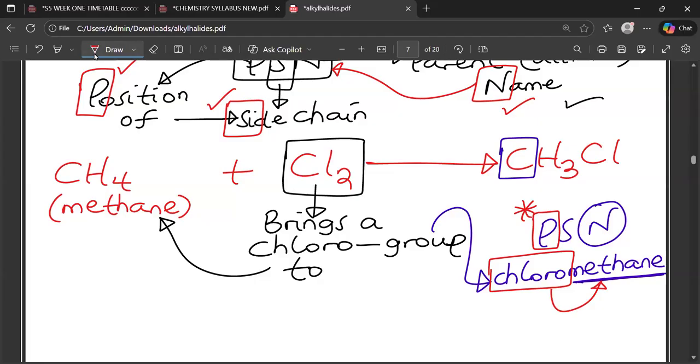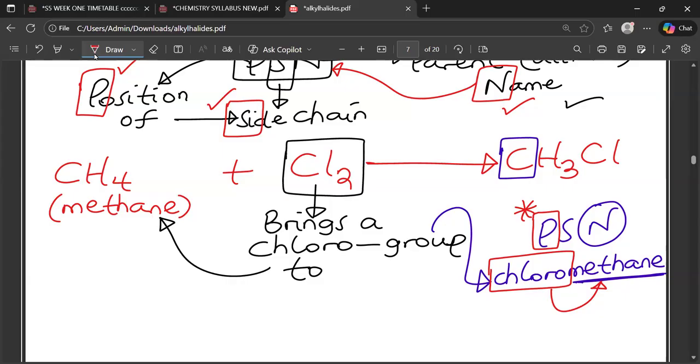I'm not going to over repeat the basics of nomenclature. I said it all in the introduction. For you to mention position, it should be necessary. How do you know it is necessary? When the Cl maybe can occupy more than one position.